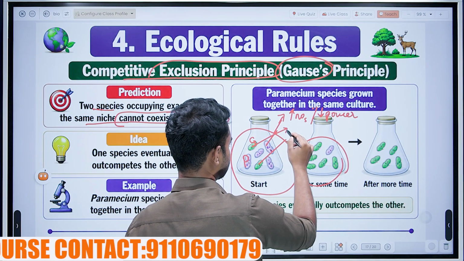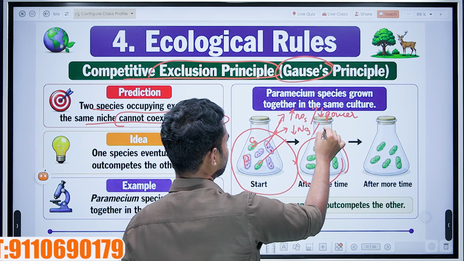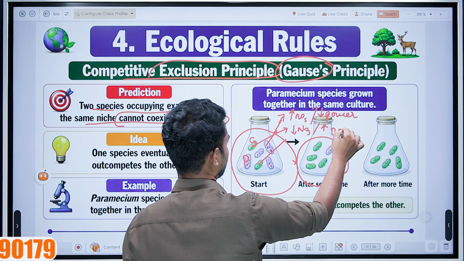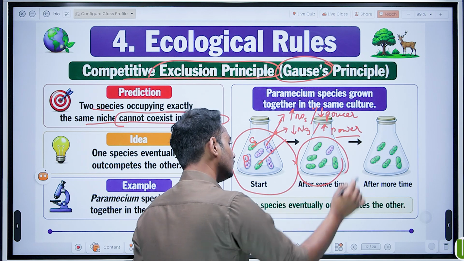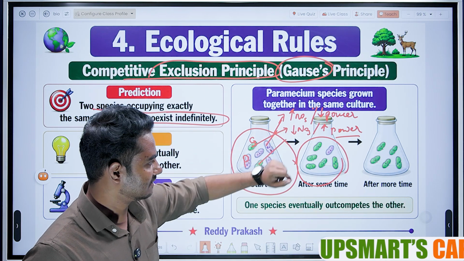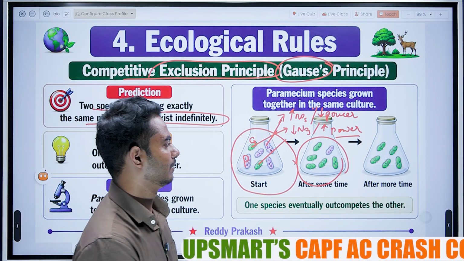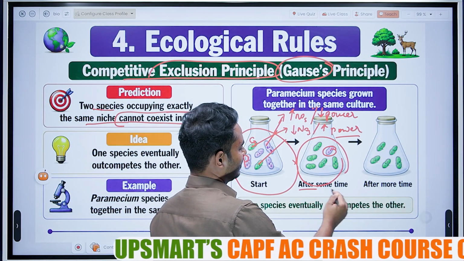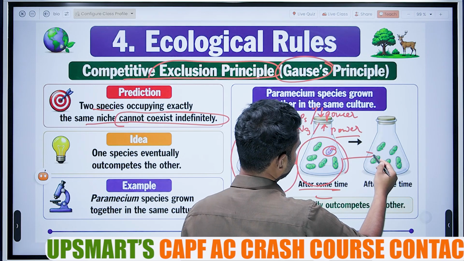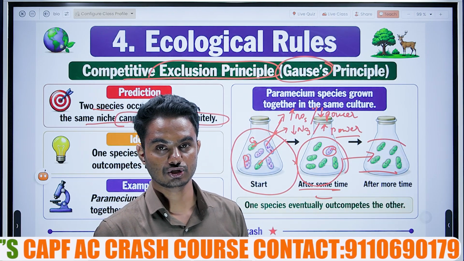On the other hand, green has less numbers but high power. So what happens in the future is, even though it has high numbers, power is less, so slowly pink will shrink its population. Green will dominate, and after some time only green will be surviving. Pink will completely go extinct.